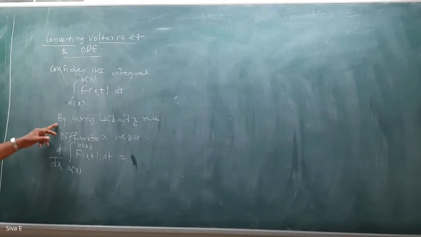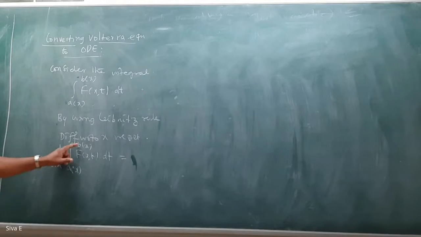Last class I explained how to use the Leibniz rule. Where a and b are functions of x, it is not constant. What is the first term?